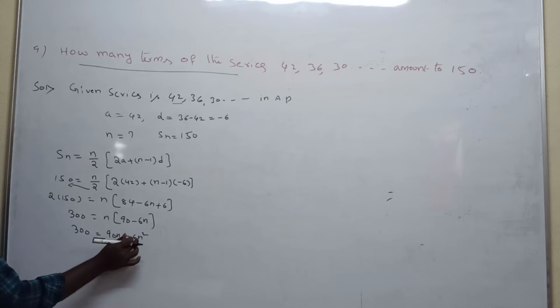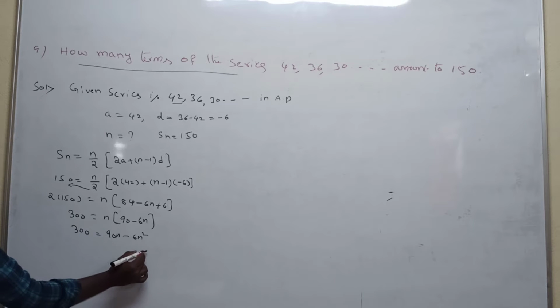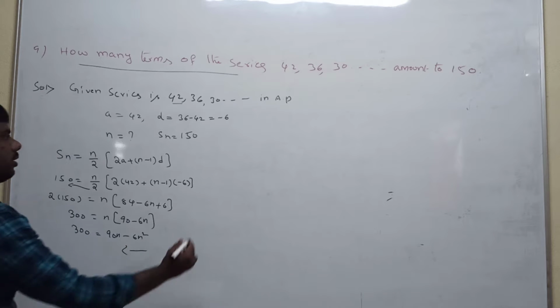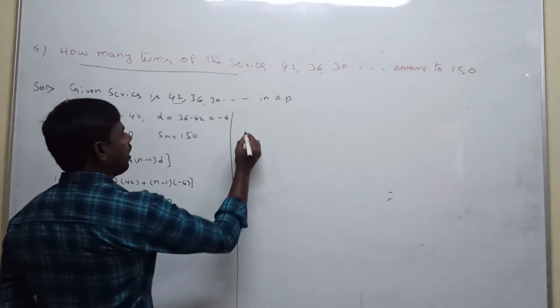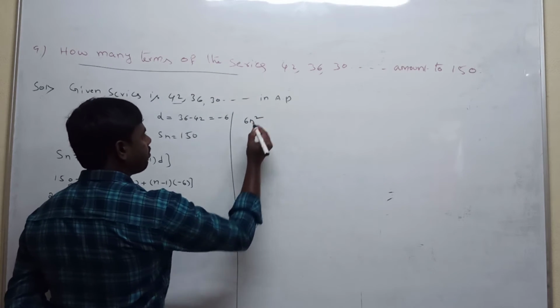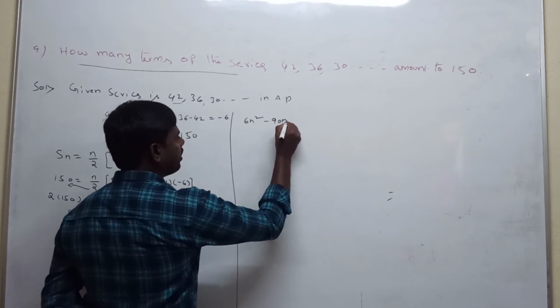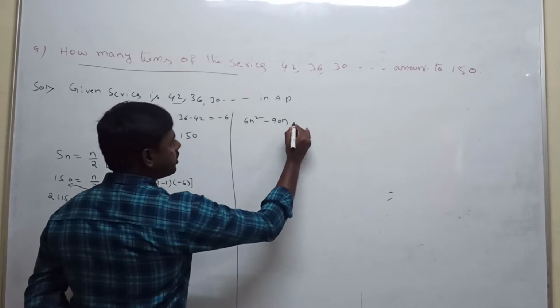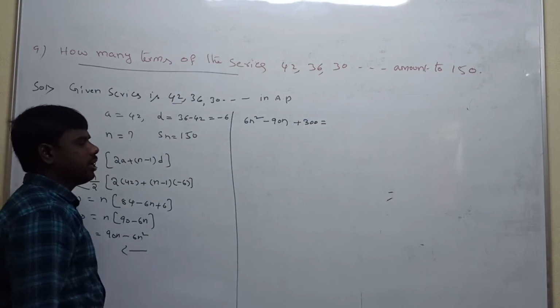The n square value should also be positive, but here it is negative. That's why we take it to the left hand side. Taking minus 6n square to the left hand side, we get 6n square, and plus 90n taken to that side becomes minus 90n, plus 300 already. Now this is like a quadratic equation.